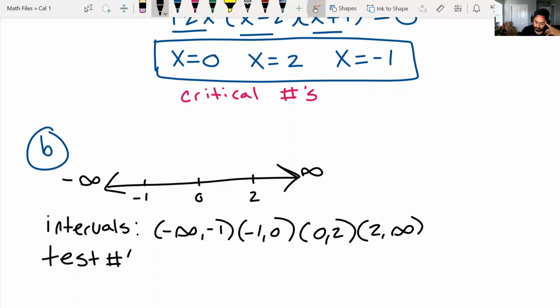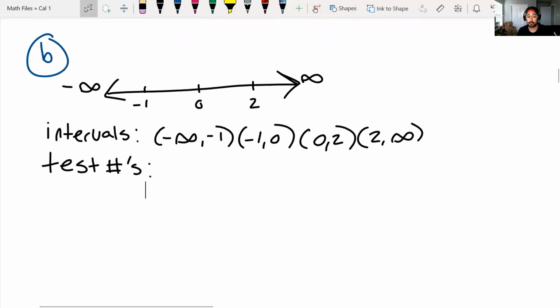The next thing I'm going to do is pick test numbers on these intervals. From the first test interval, negative infinity to negative 1, I will pick negative 2.